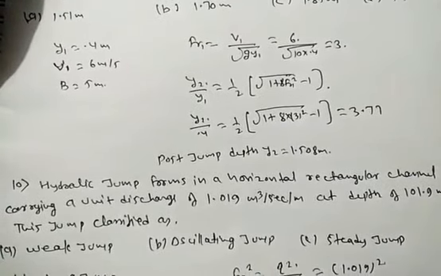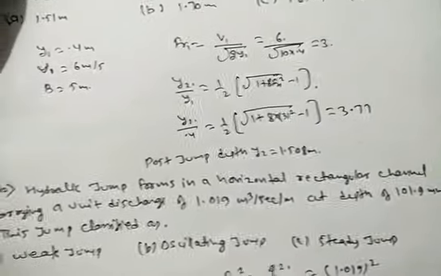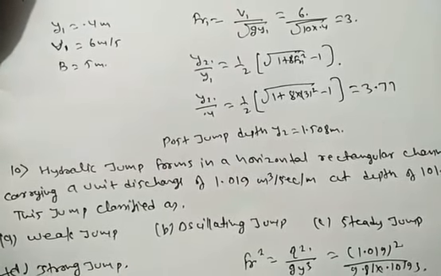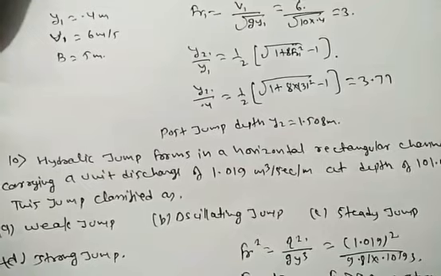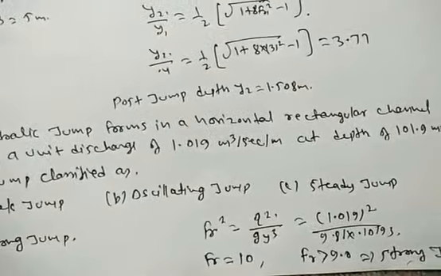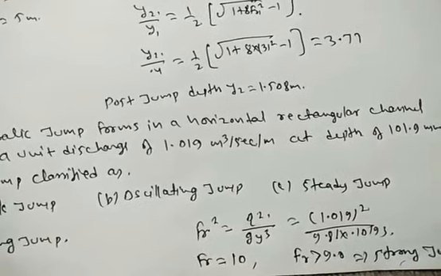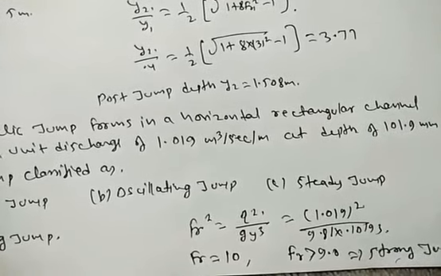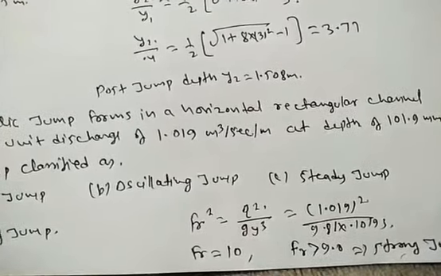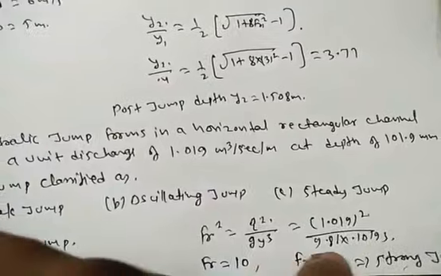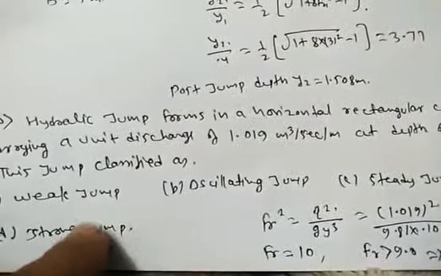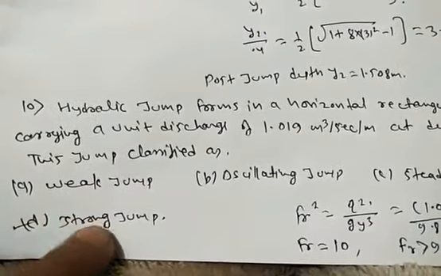The jump is classified as weak, oscillating, steady, or strong. Froude number equal to q square by g y cubed, and putting in the value, Froude number is 10, and Froude number is greater than 9, so the jump is a strong jump. Option D is correct.